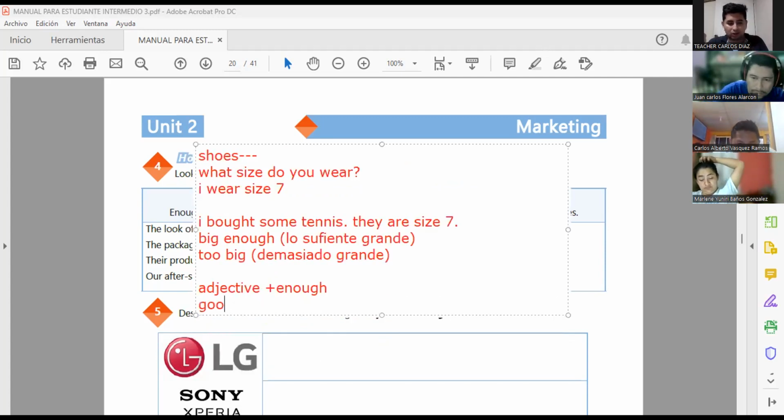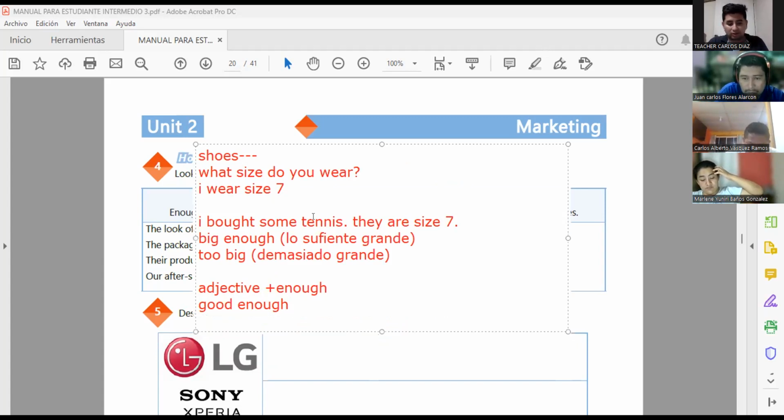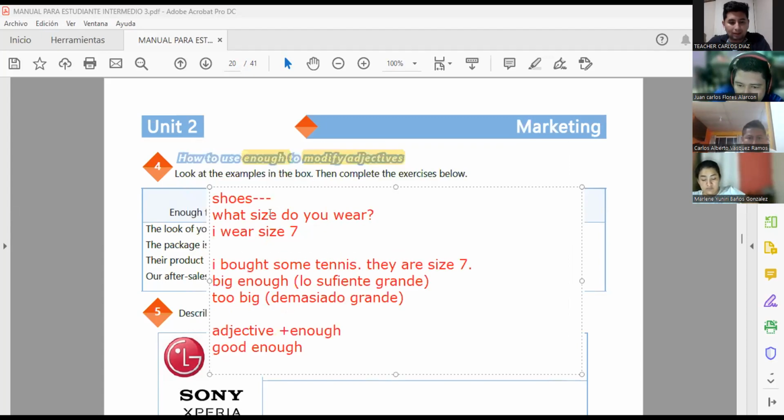Have you ever listened the word good enough? No? Good enough? Another one we can use? Can you think about an adjective? Tall enough.